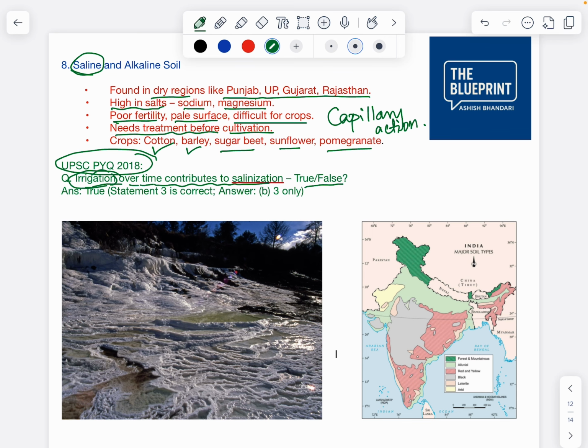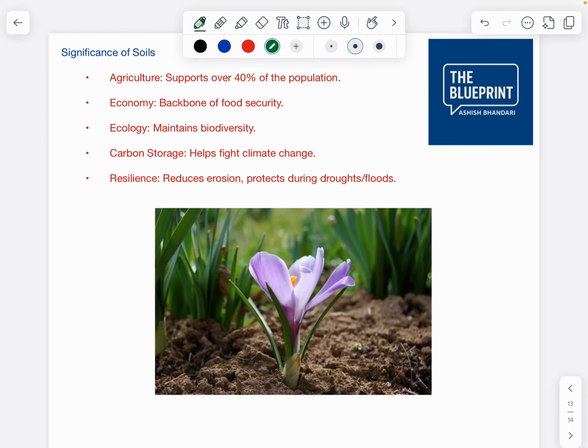And the significance of the soils. See, the soil is the significant food contributor, right? We have a food basket because we have soil. So what is the significance of soils? Agriculture supports over 40% of the population. Economy, it is the backbone of food security.